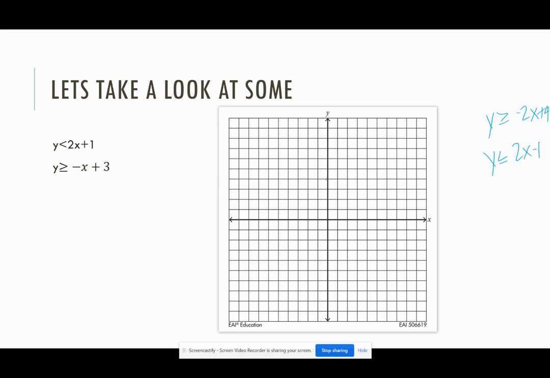Plus 4. 1, 2, 3, 4. Up 2 over 1. Down 2 over 1. And we connect our line. Now the other one, oops, that should be solid.